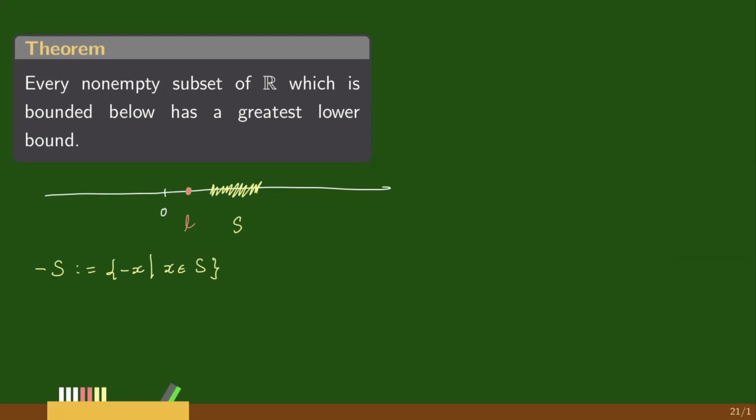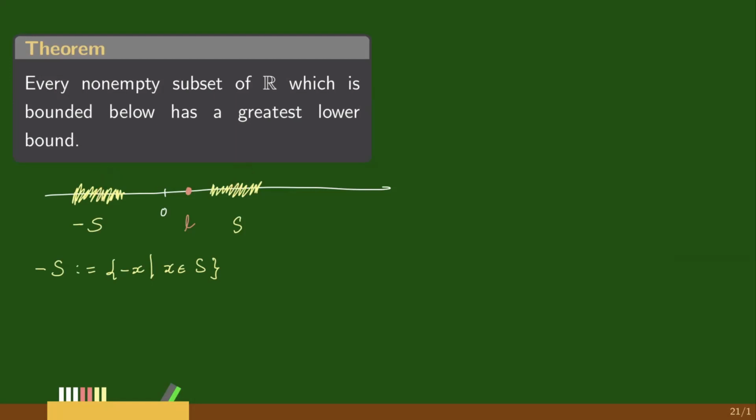Your set minus S will be a reflection of the S there, no? Kumbaga, kung si 2 ay nandito, yung negative 2 nandito sa negative S. Did you understand? Kung ano laman ng minus S.